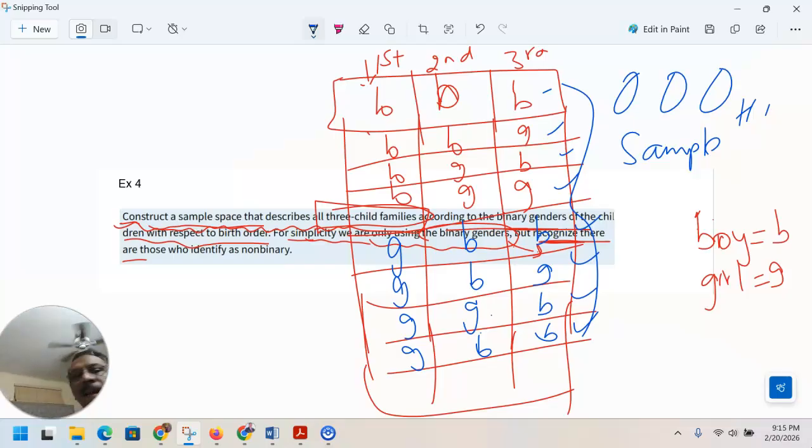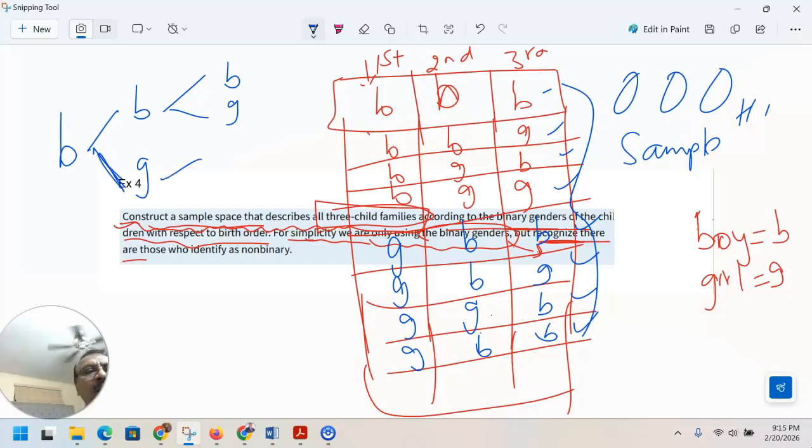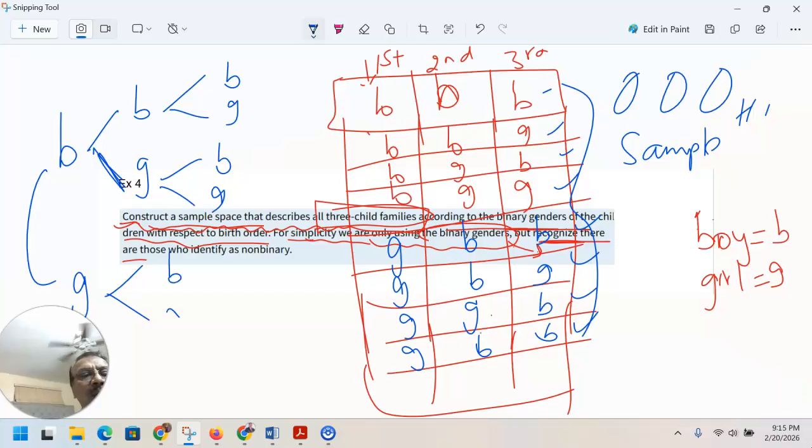Another way to do it is using a tree diagram. It means you can say, okay, if the first is boy, then the next one could be boy or girl, and the next one could again be boy or girl. If the first one is girl, then you have more options, boy and girl. So you have four of them. Or if the starting is a girl, then the second one could be boy or girl.